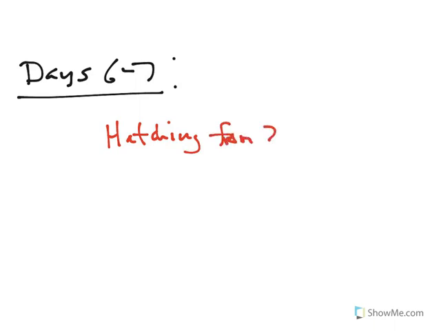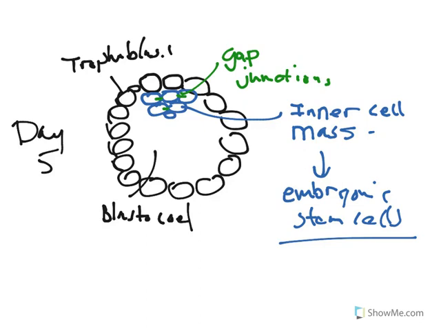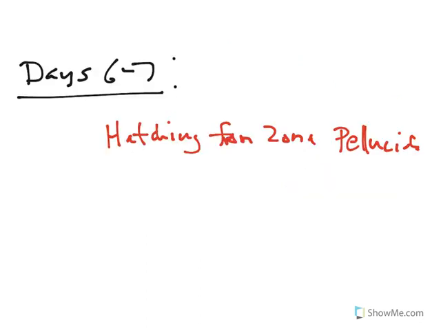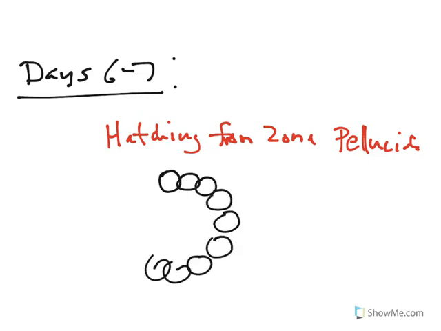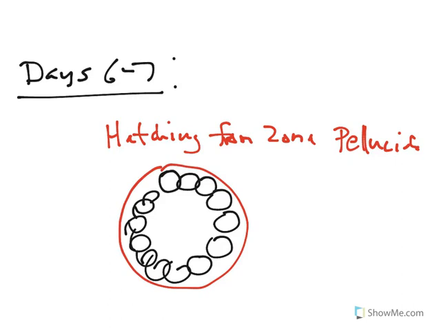Basically, the zona pellucida, this membrane around, it hatches. And I'll kind of show you here, it's easier to redraw that. I haven't been drawing the zona pellucida, but your trophoblast here is surrounded by that zona pellucida still. And that zona pellucida needs to go away.